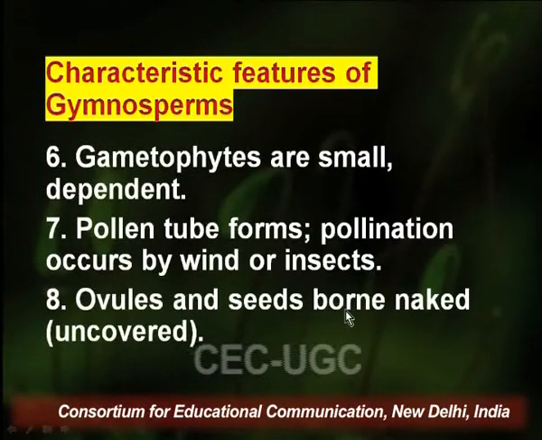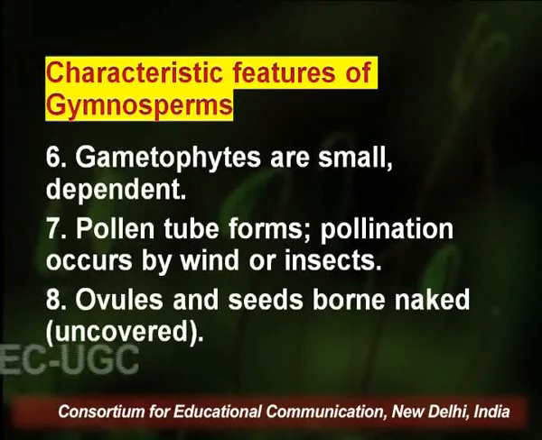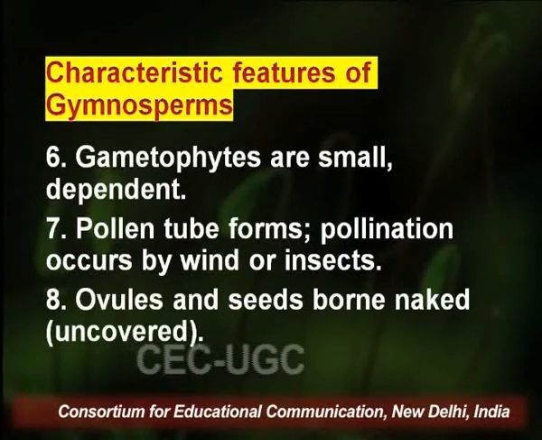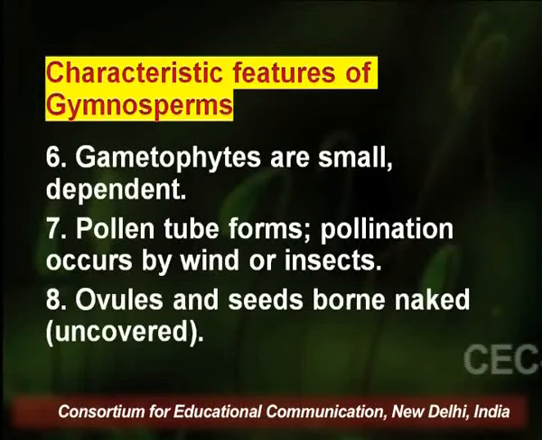In Gymnosperms, the gametophytes are very, very small, and they are absolutely dependent on the sporophytic generation for all purposes, be it nutritional, be it transfer, or be it their physiology.